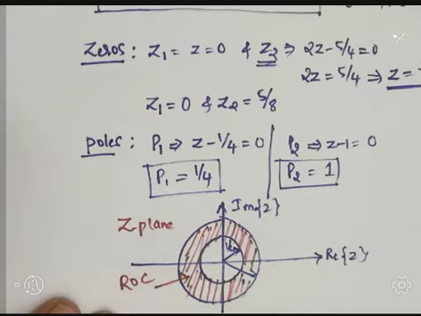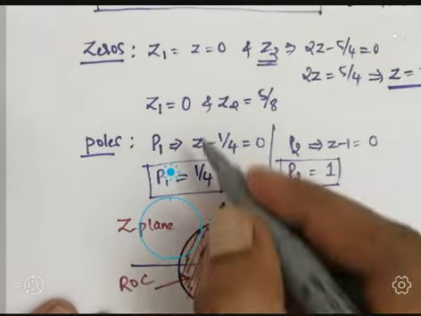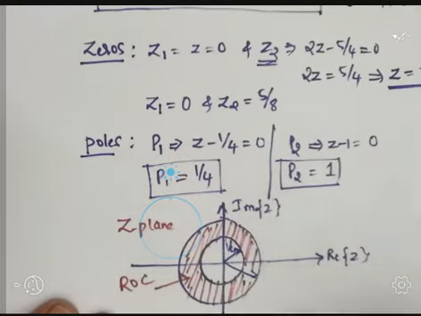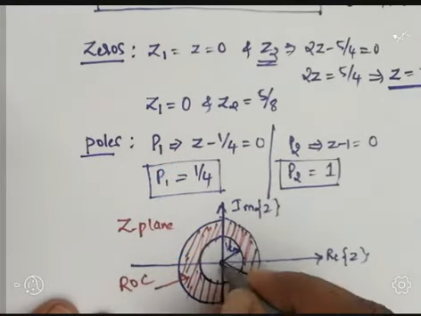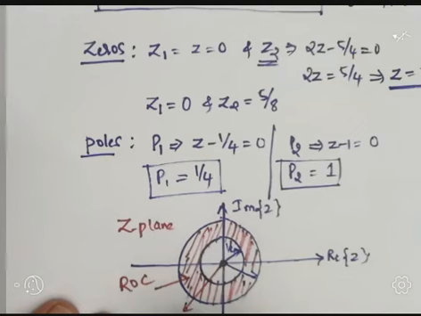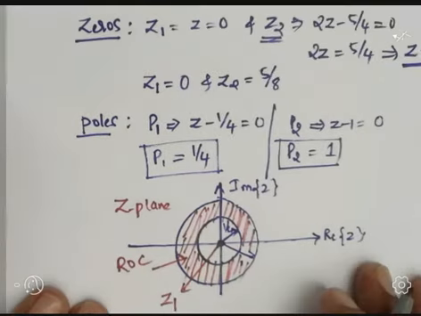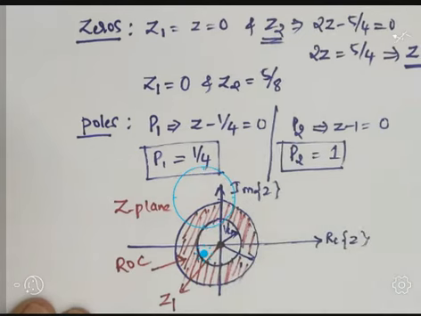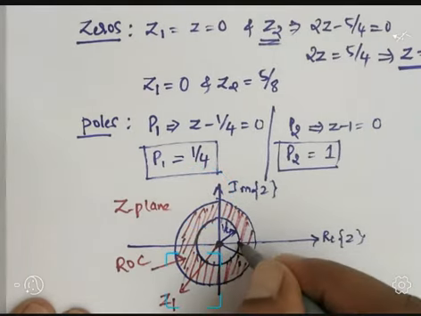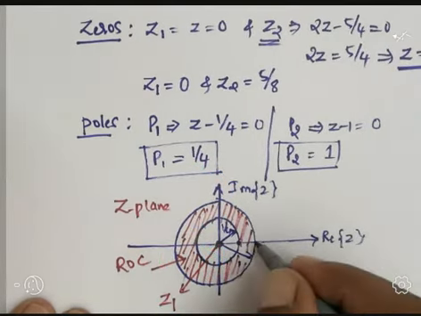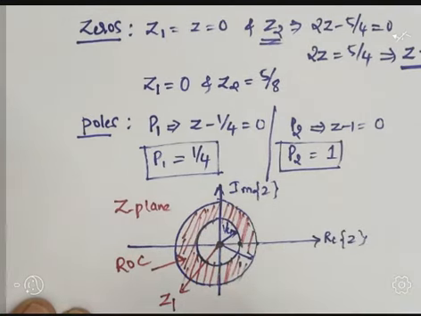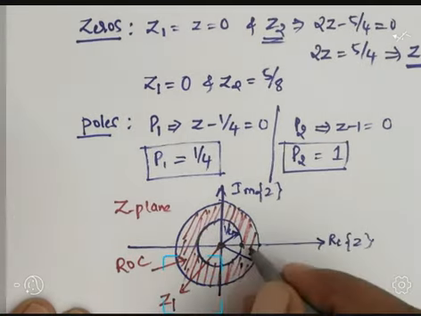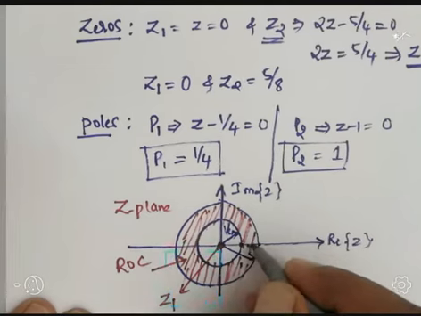Next, representation of zeros. One zero is at where? Here. This is zero at the origin. It is Z1, first zero. Next zero is where? At 5 by 8. It is between 1 by 4 and 1, that is represented by a zero.